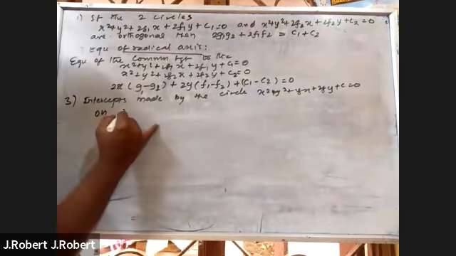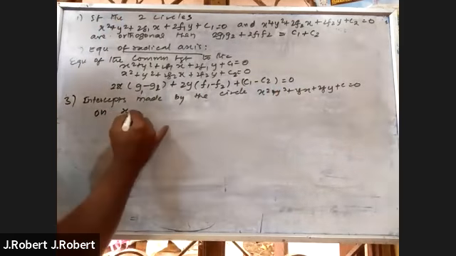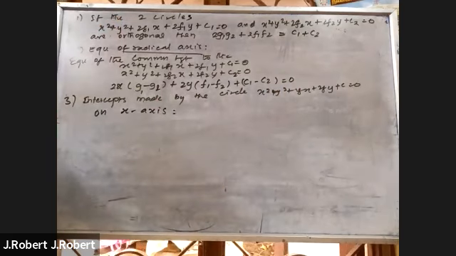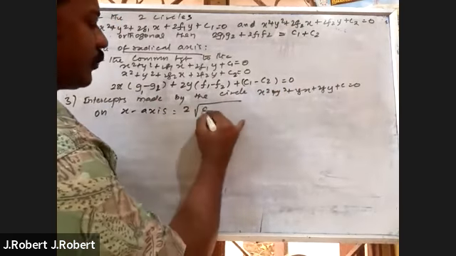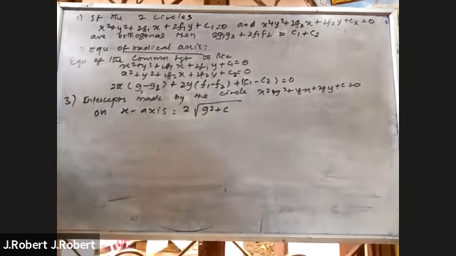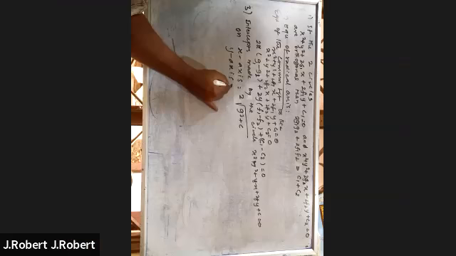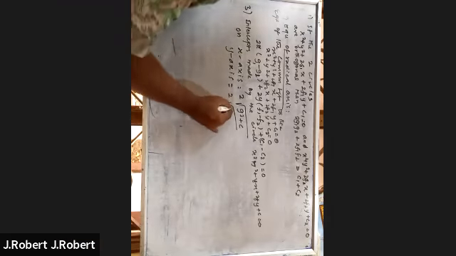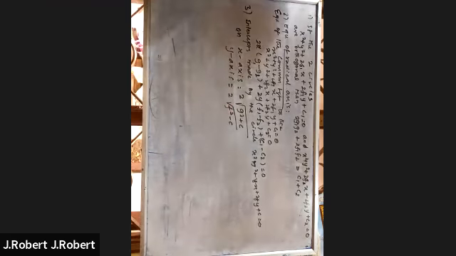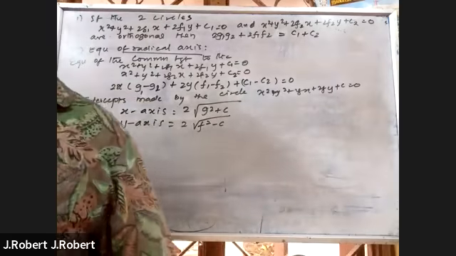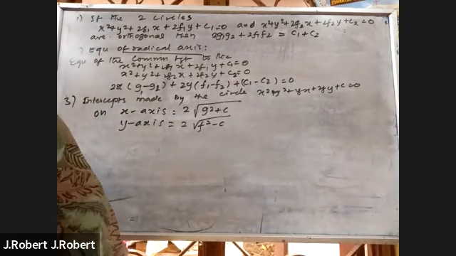The intercept made on the x-axis is equal to 2 into square root of g square minus c. On the y-axis it is equal to 2 into square root of f square minus c. Okay, please take down. Now we'll do some problems.